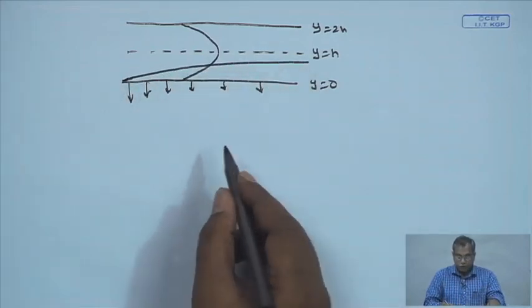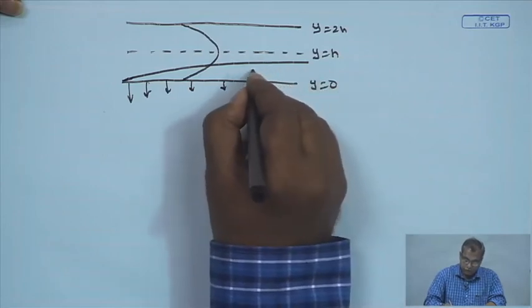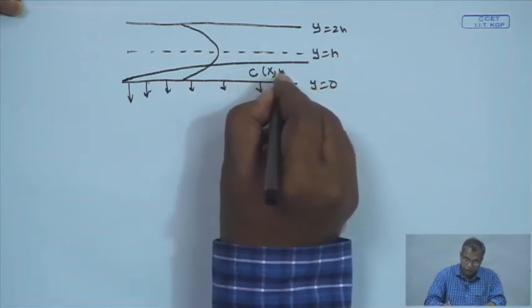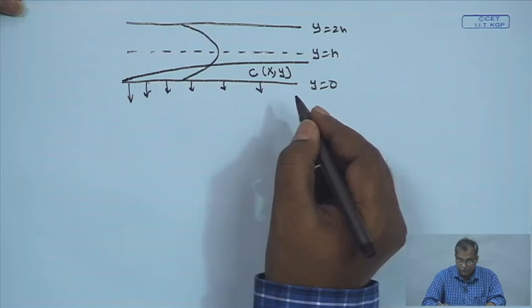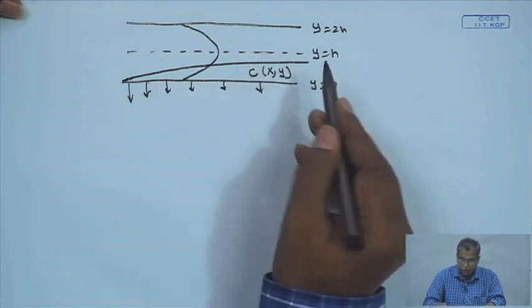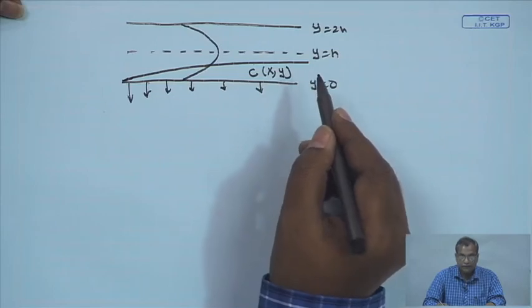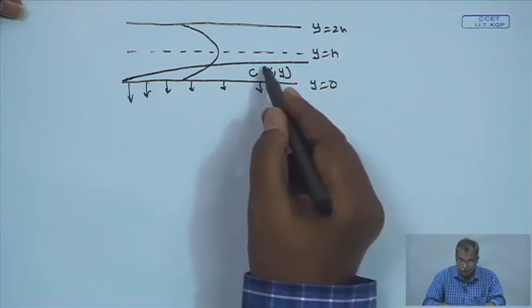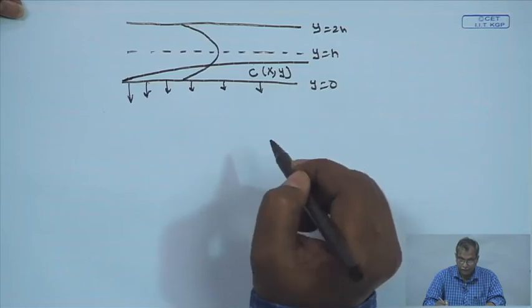Okay. So, the concentration within the mass transfer boundary layer is changing as a function of both x and y. Beyond the mass transfer boundary layer, the concentration is the same, equal to the bulk concentration. Within the boundary layer, it is a function of x and y.